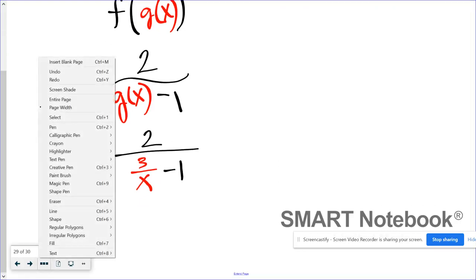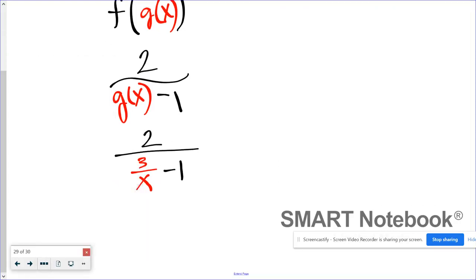Now this is a complex fraction, and as you know from Algebra 2, we're not allowed to leave that. That's not proper. So the issue is the 3 divided by x. So specifically that division by x is a problem. So I am going to get rid of the division by x by multiplying all 3 terms by x. Okay, because I got to keep things fair.